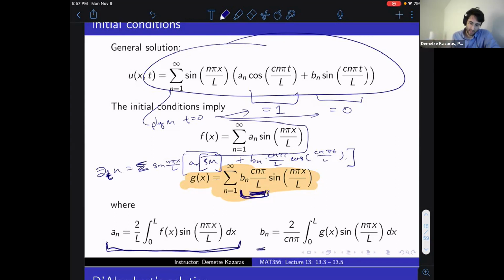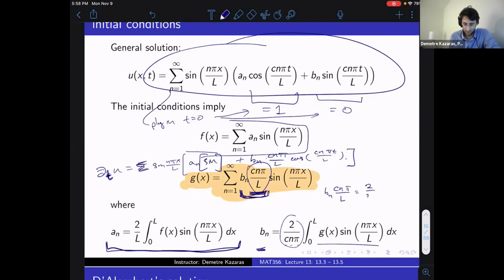Anyways, likewise, the bn is given by 2 over cn pi times the integral from 0 to L of the product of g and the sine function. So it's like a Fourier coefficient, except you've messed it up a little bit because of this cn pi over L. So really, cn pi over L times bn should be the Fourier coefficient.